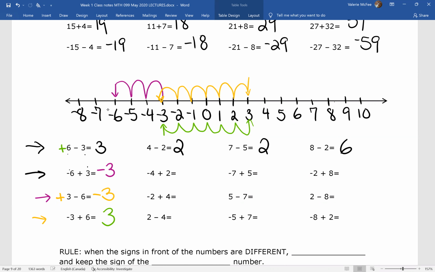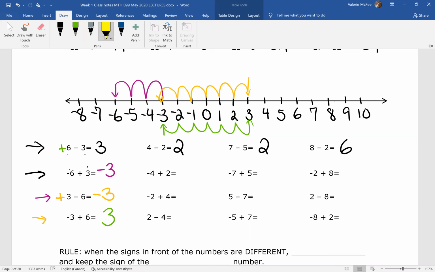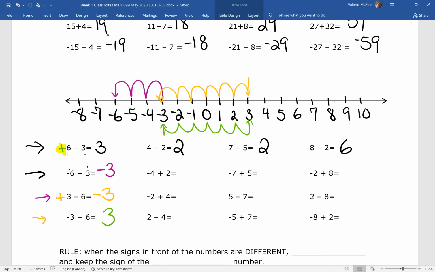We know that's a +6, subtract 3, -6, add 3, +3, subtract 6, -3 add 6. Okay, let's look more closely. +6 is not bigger, but there's more positive number than -3, and my answer is positive. I have more negatives, and my answer is negative. I have more negatives, the answer is negative. I have more positives, the answer is positive.